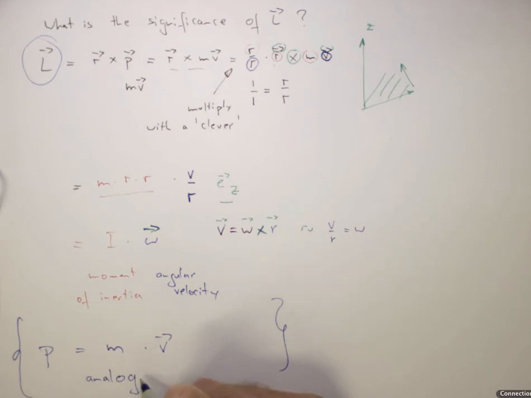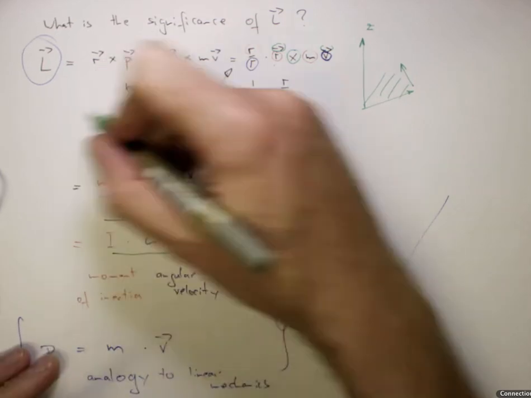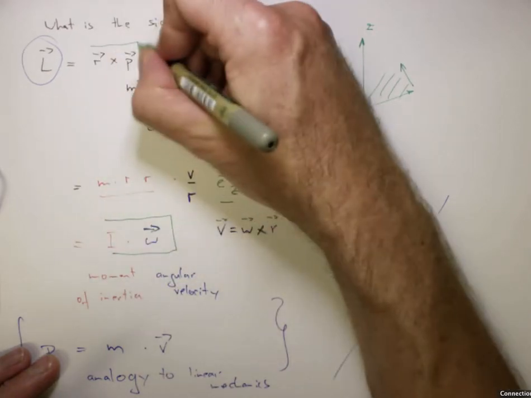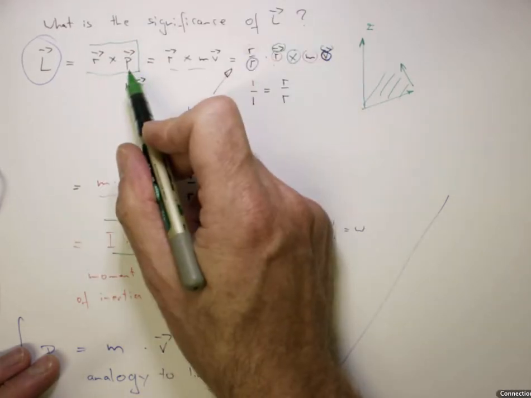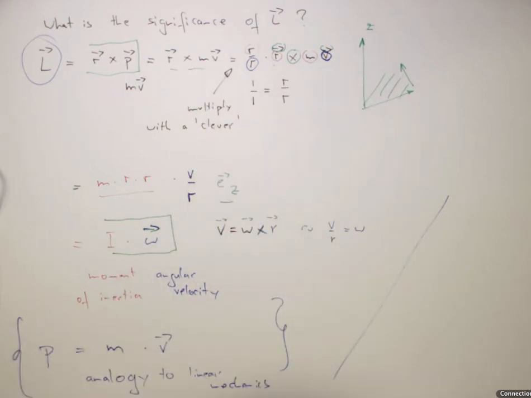Analogy to linear mechanics. Okay, that's a very important result. So not only is the angular momentum equal to radius cross momentum vector, it's also equal to moment of inertia times angular velocity.